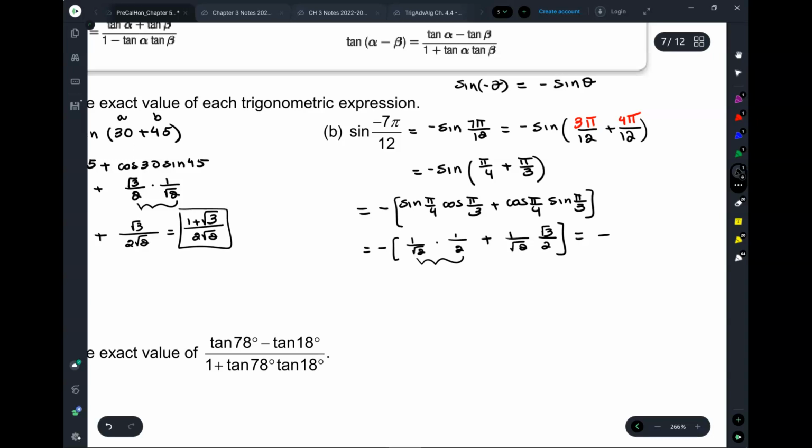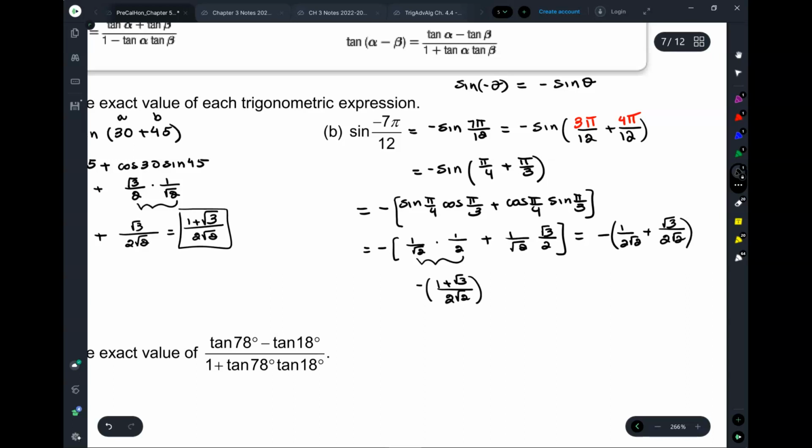This will be 1 over 2 root 2 plus root 3 over 2 root 2. And yeah, I'm putting in more steps than people at this level usually need. Eventually we'll condense all this. So this is going to be negative 1 plus root 3 over 2 root 2.